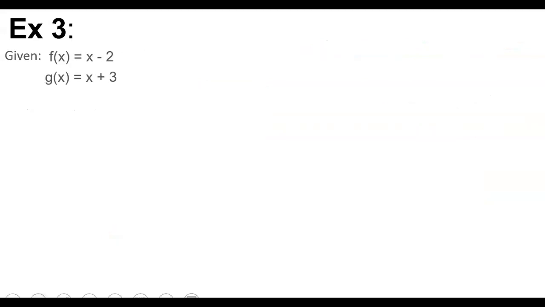Example 3. You see right here it says f of x dot g of x means we're multiplying. This you may have learned is called double distribution. Here's why. Every term in the first one has to multiply with everything in the second one. So we're going to do it piece by piece. Here we go. First term times the first term. What's x times x?